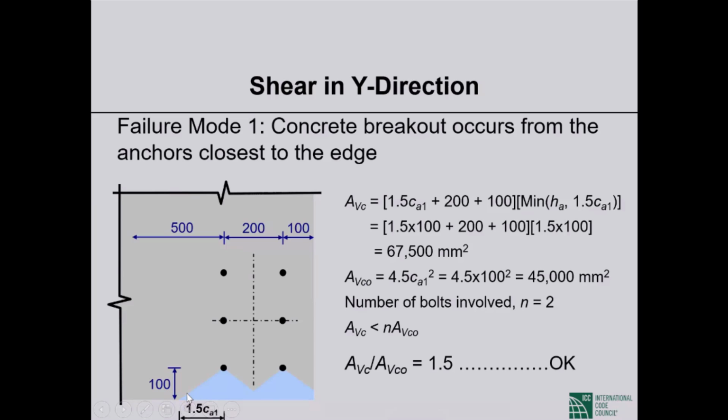We cannot go any more than that. So 1.5 times 100 plus 200 plus 100 plus 1.5 times 100, H sub A is larger than that.